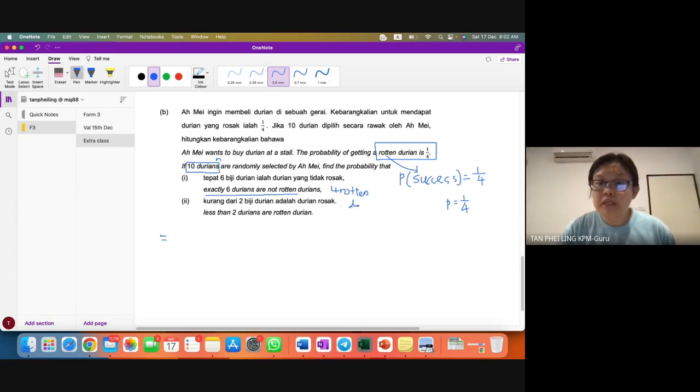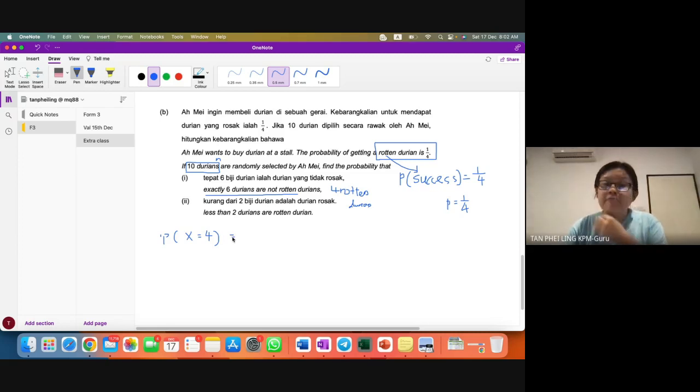So now you have to find the probability of X equals to 4. Not more than; in this case it is equal to, because they want exactly. Because your event of success is rotten, so rotten durian equals to 4. All right, then move on.